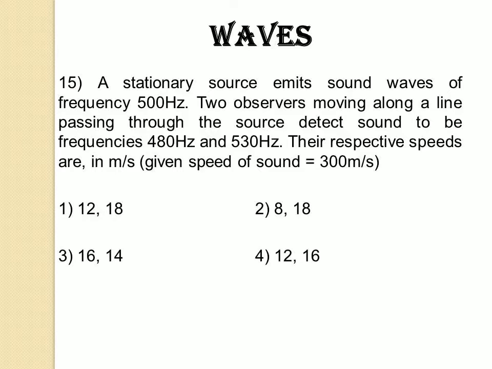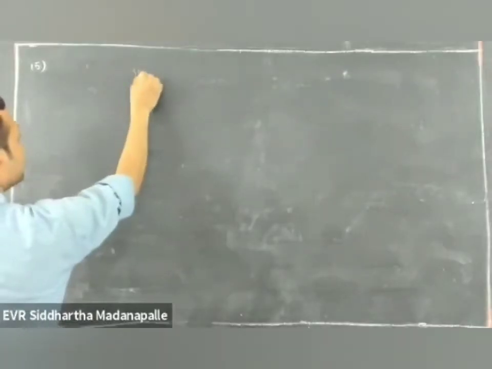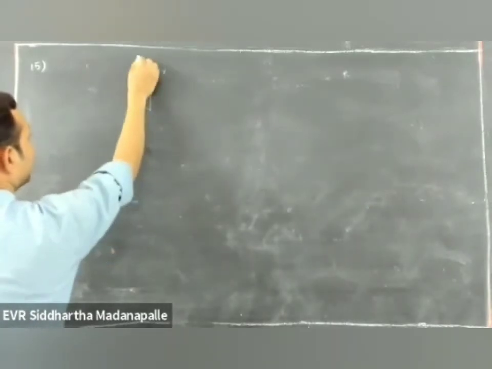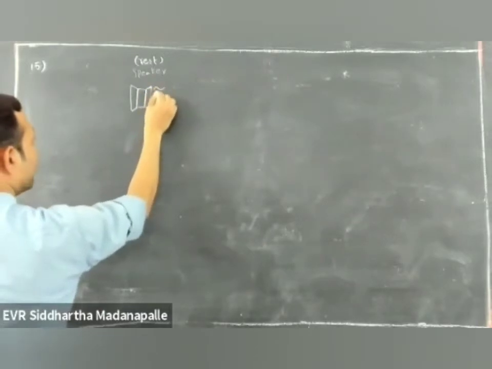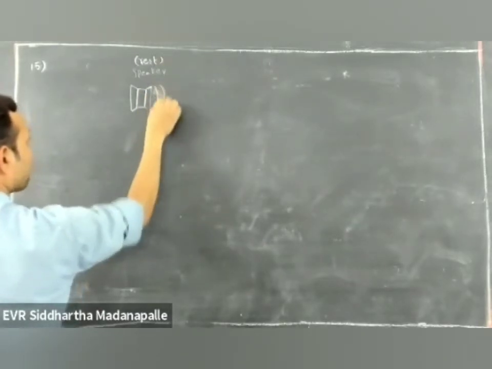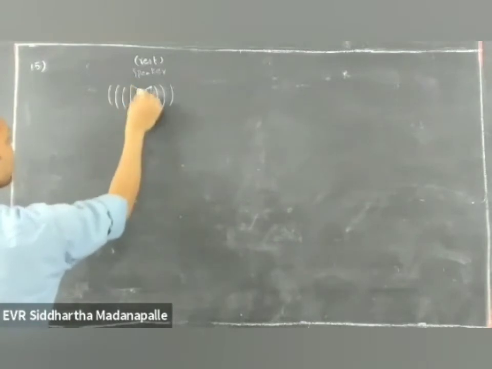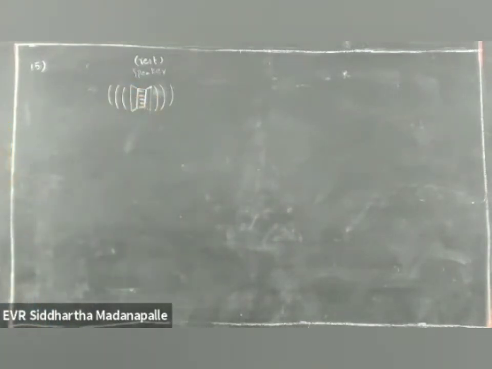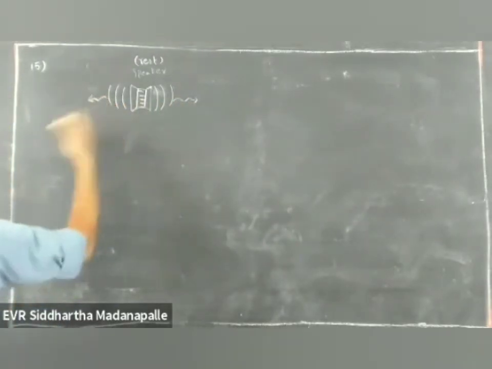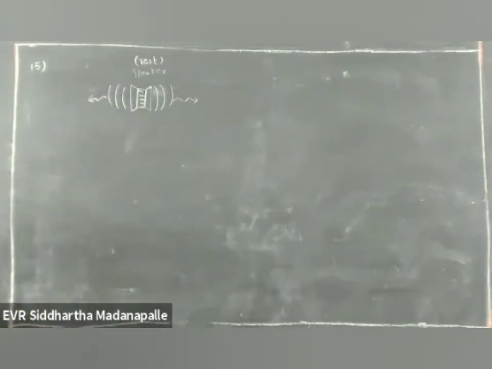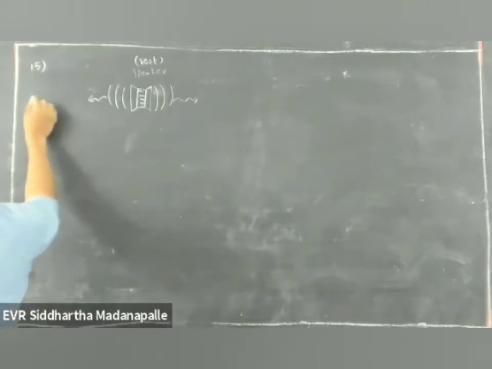Simple problem. So this is a speaker here and this point is at rest, a stationary source. Sounds are coming out from it like this. The wave is traveling in all directions. Now two observers are moving along the line.